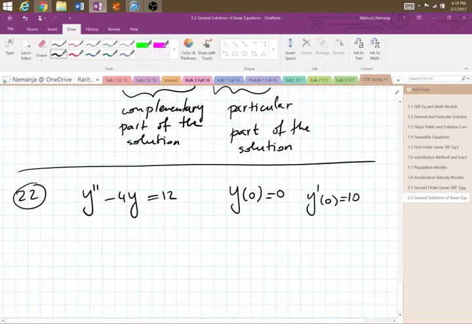They're giving you the solution y_c equals c1 e to the 2x plus c2 e to the negative 2x. y_p, the particular solution, is equal to negative 3.